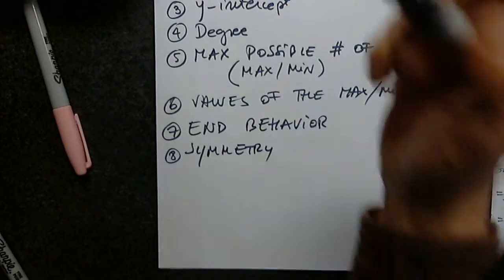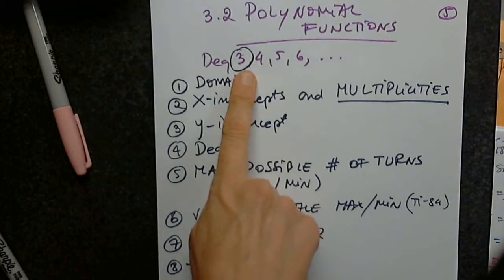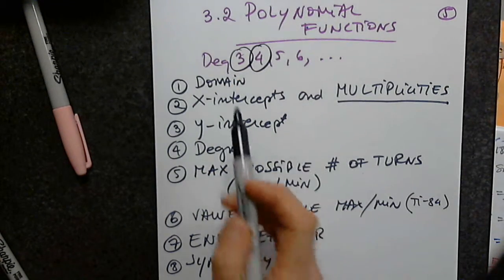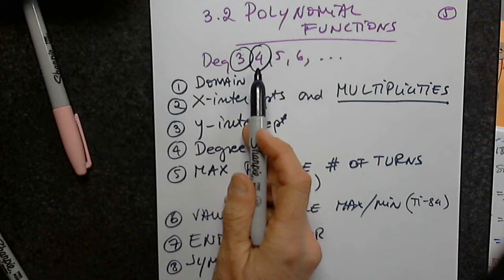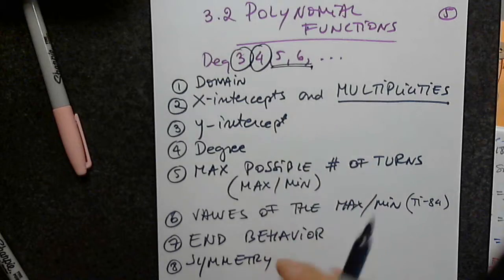So I'm going to start with a polynomial of degree 3, and then polynomial degree 4. Once we understand the odd degree and the even degree, all these will be a breeze.